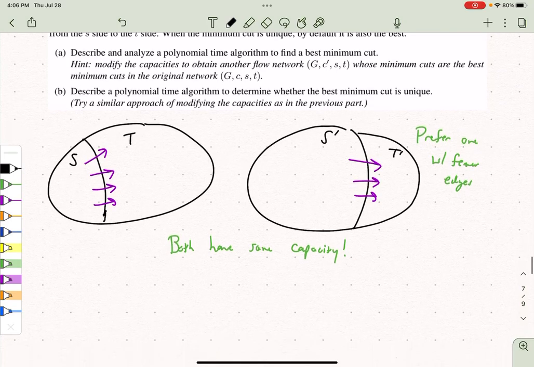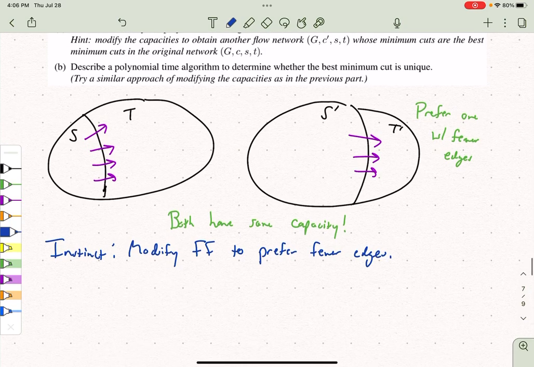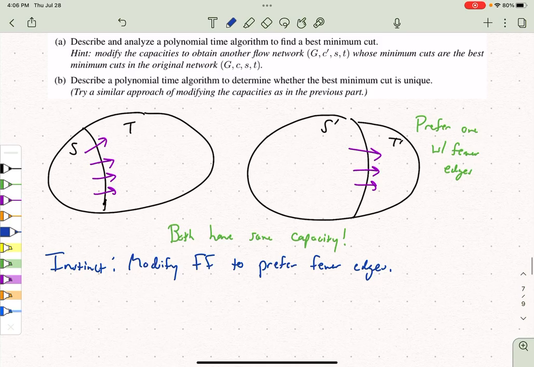So how could we do this? Well, your first instinct might be to just modify Ford-Fulkerson to prefer fewer edges. Just like maybe for Dijkstra, you could do the same thing.